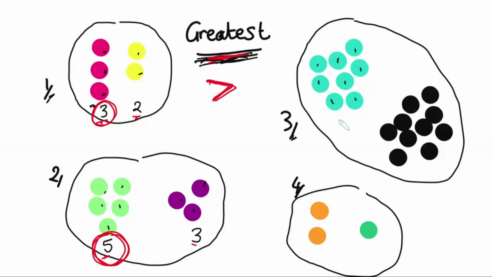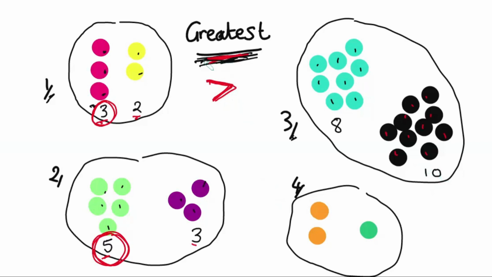We have 8 turquoise dabs. So let's pop number 8 down there. Then we need to count our black dabs. You going to count with me? Here we go. 1, 2, 3, 4, 5, 6, 7, 8, 9, 10. We have 10 black dabs. Let's pop on number 10 down there.